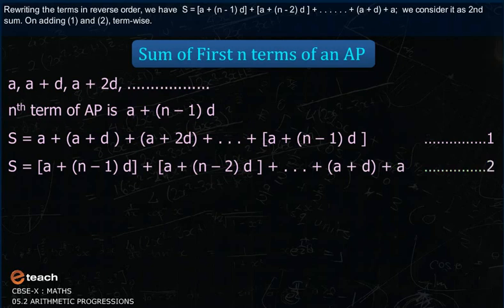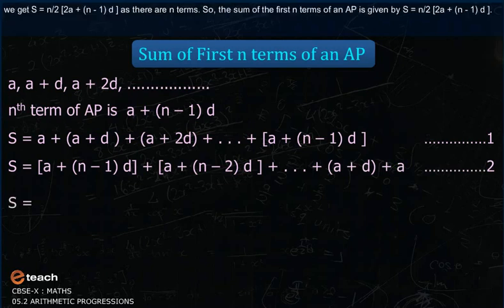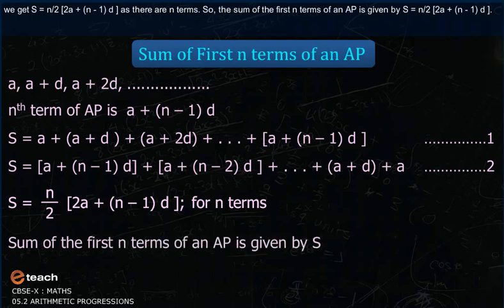On adding first and second term-wise, we get s is equal to n upon 2 into bracket 2a plus into bracket n minus 1 d, as there are n terms. So, the sum of the first n terms of an AP is given by s is equal to n upon 2 into bracket 2a plus into bracket n minus 1 d.